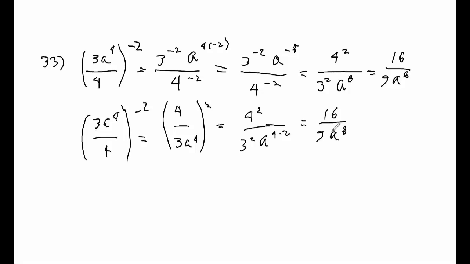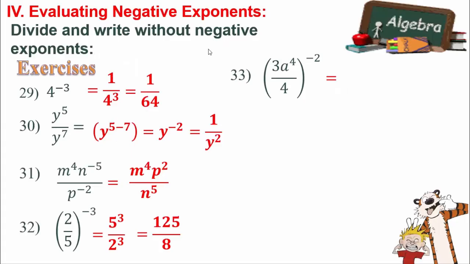So either way, whether I do it by bringing the exponent inside the bracket or by flipping the quotient over, will give me the same answer. Summarizing 33, whatever technique you use, you'll end up with all positive exponents.